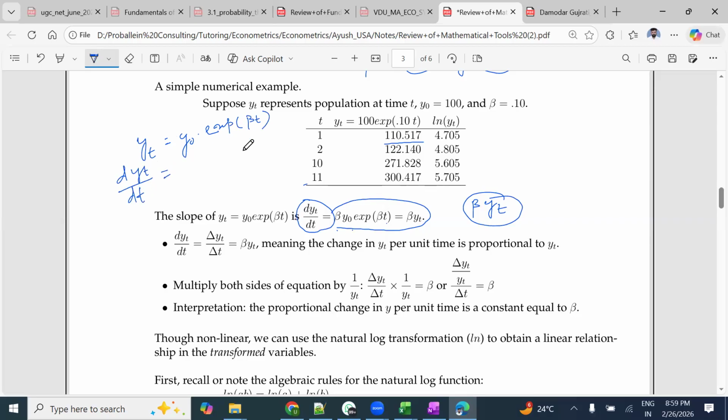What is the problem over here? I will write, y0 is the constant, take it outside, then the derivative of e to the power beta t is e to the power beta t into the derivative of beta t with respect to t, that becomes beta. Basically, the answer will be y0 into beta into e to the power beta t.